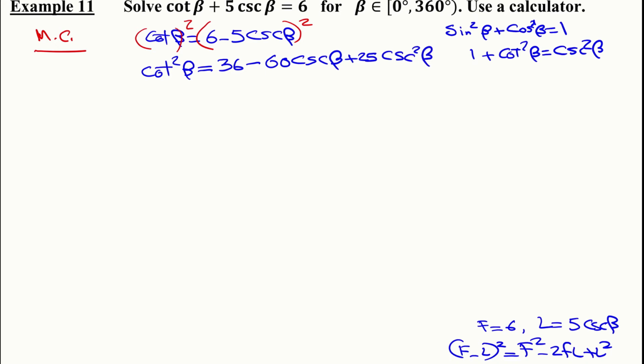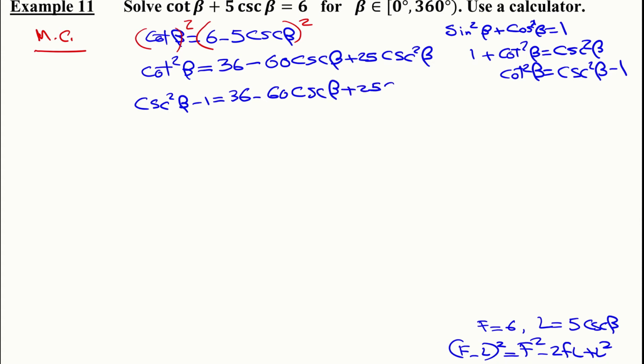Now we can convert the cotangent squared. Solving for cotangent squared beta, you end up with cosecant squared beta minus 1. So we replace the cotangent squared beta with cosecant squared beta minus 1, and we end up with 36 minus 60 cosecant beta plus 25 cosecant squared beta, which doesn't change yet.